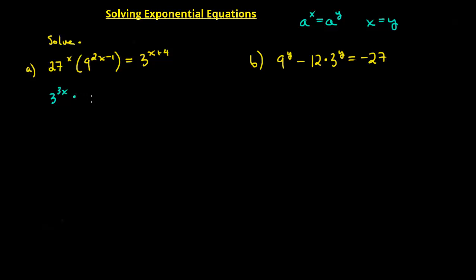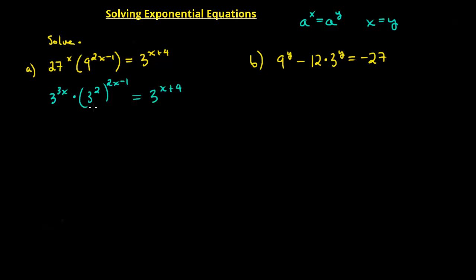And I'm going to multiply that by 3 squared to the power of 2x minus 1. Here I've just rewritten 9 as 3 squared. And on the right side, I've already got my power written with base 3, so I can leave this as 3 to the power of x plus 4.